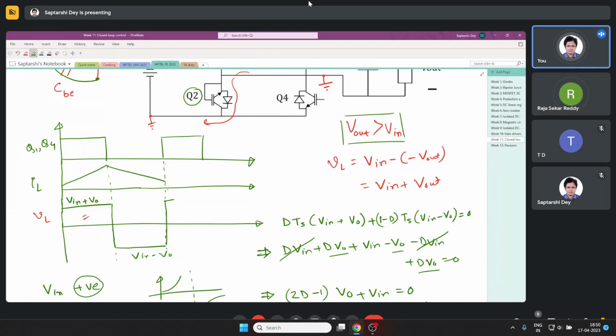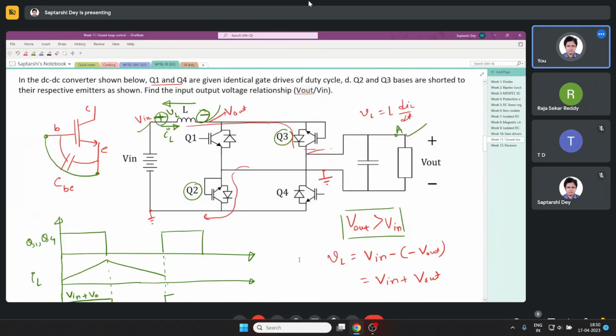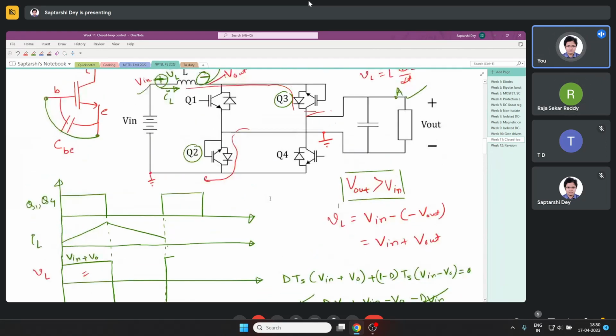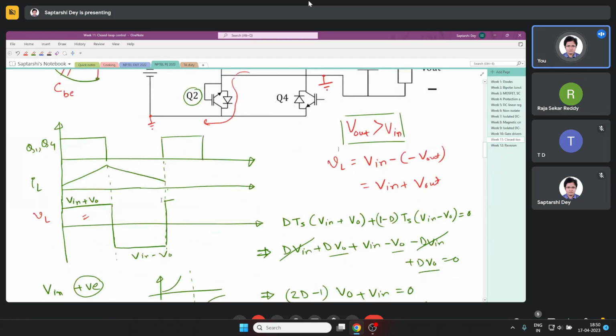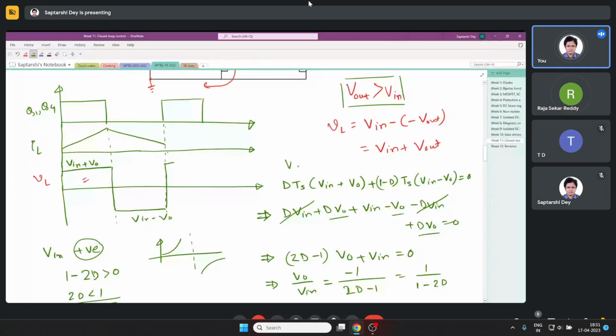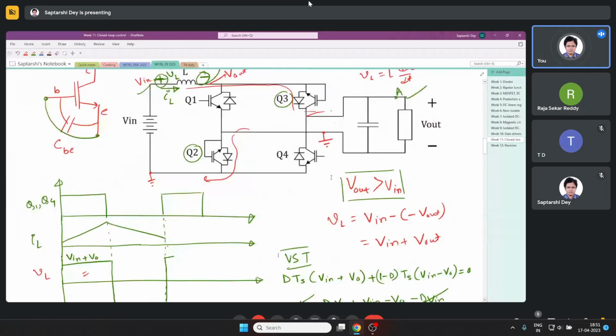Why I am telling you all this is that I want you, at the end of this course, to be able to analyze any unknown DC-DC converter in this approach. This approach never fails. There can be multiple inductors. Simply do KVL, draw the inductor voltage waveform, apply the volt-second theorem. You should be able to find the relation between all the voltage ports in the circuit.